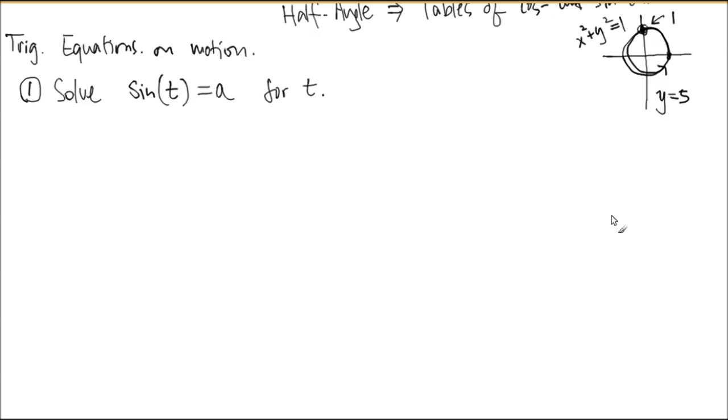So that's not 90 degree. Where is it? It's not on there. That's the important thing. There's no angle for which y coordinate is 5. So if I put 5 in there and try to solve it, and you hit the calculator and you realize it, oh, it's error, undefined, and things like that. Alright, so this equation, sine t equals a, is only meaningful when you put a value. What kind of value?